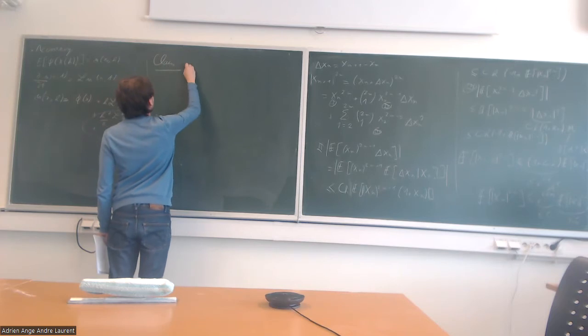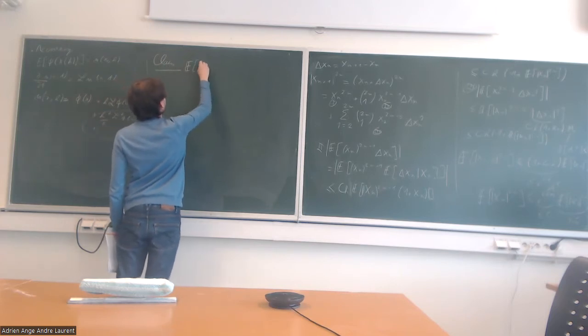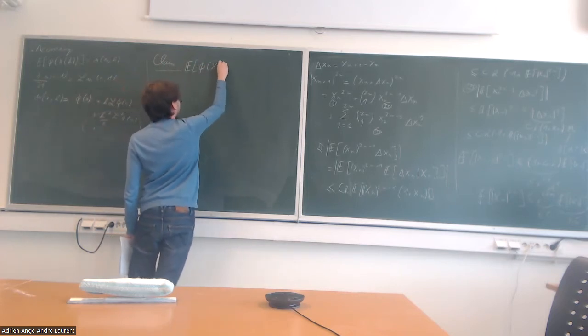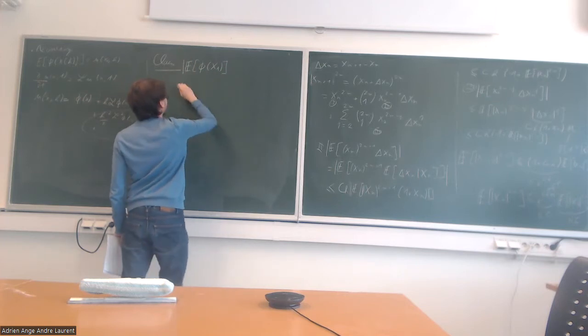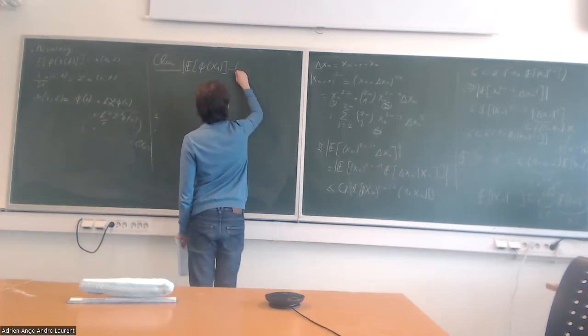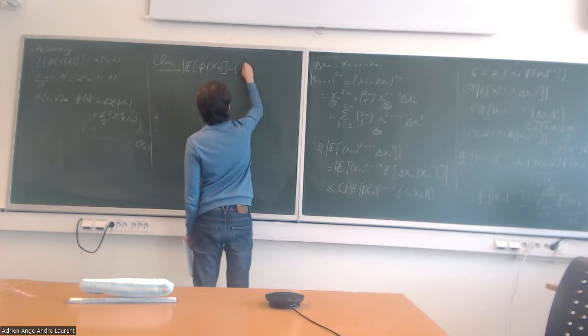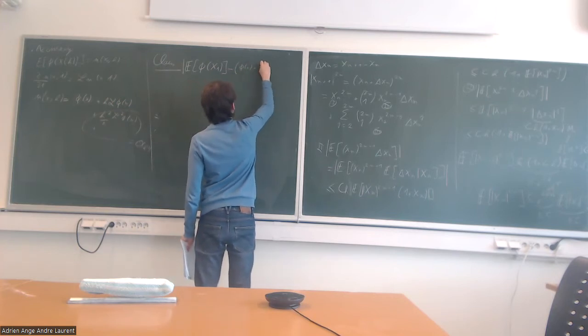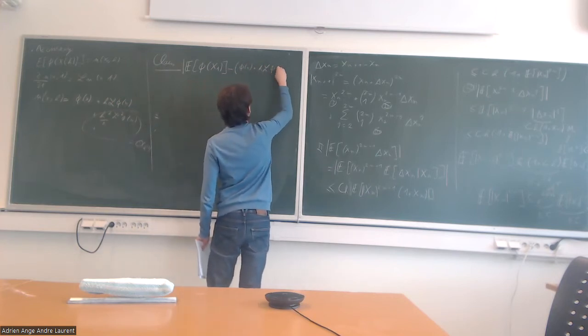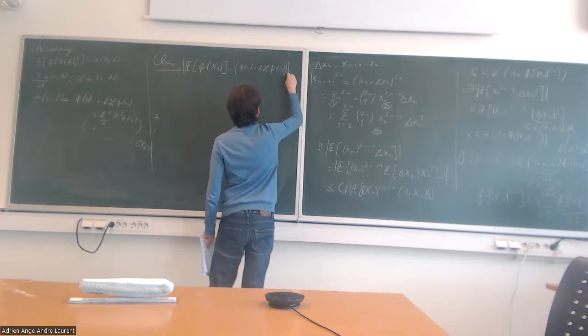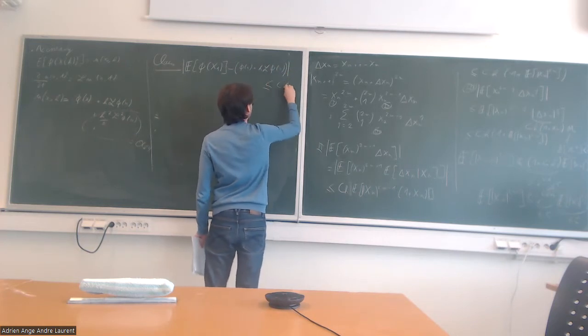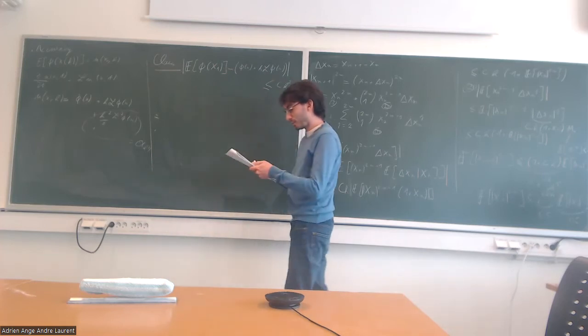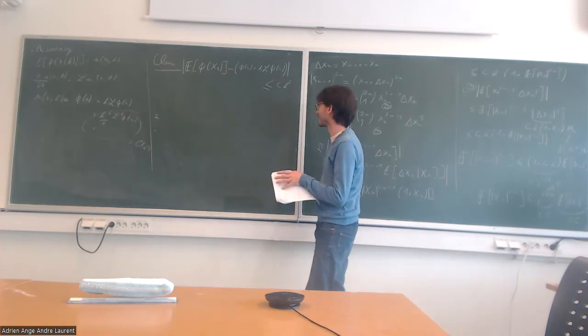The expectation of phi of x1, so I just do one step of the method, minus this here, the exact expansion, is less than or equal to C h^2. Of course this is not enough.